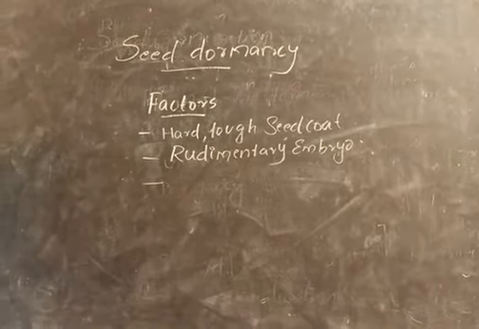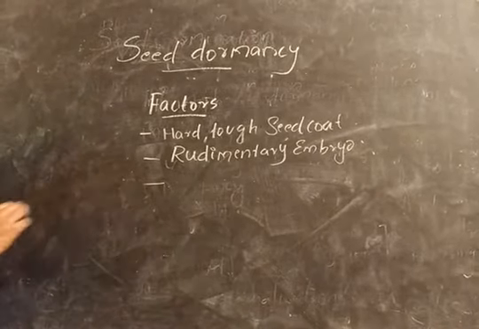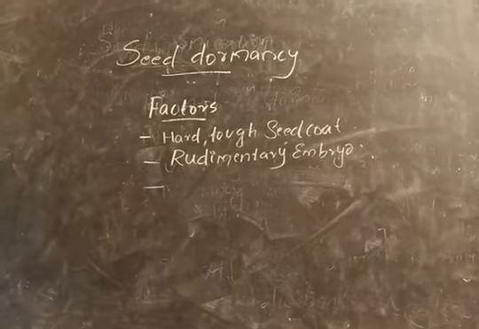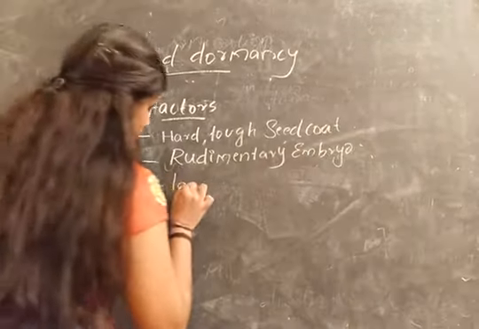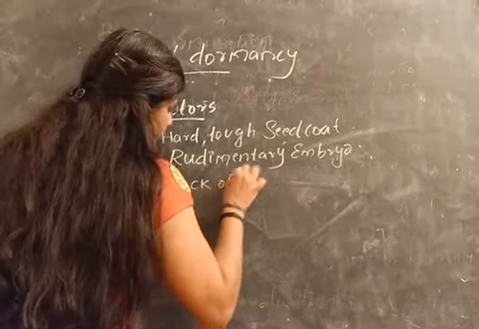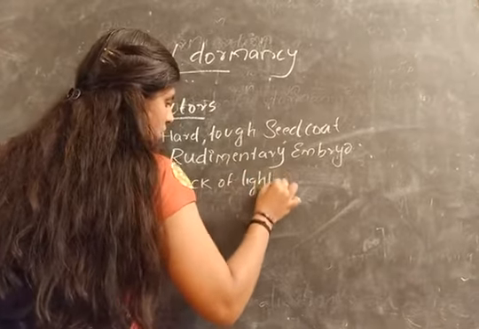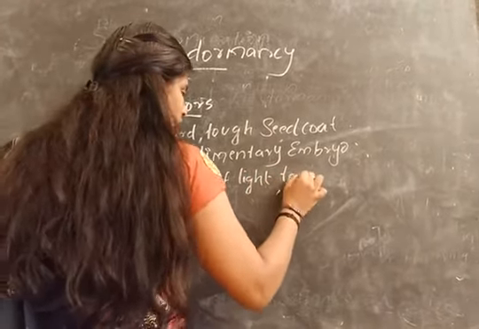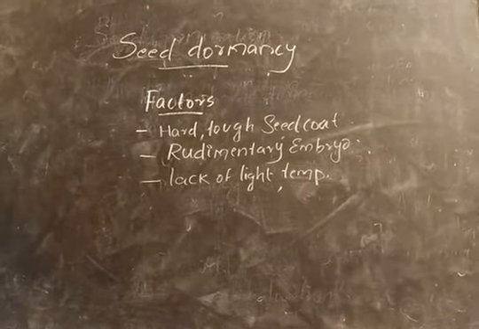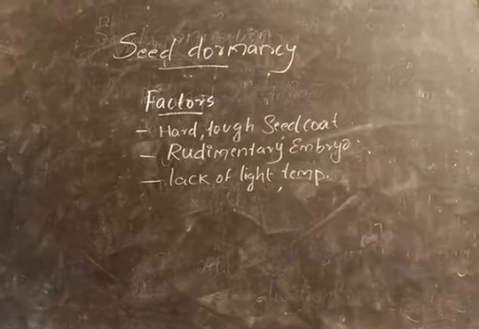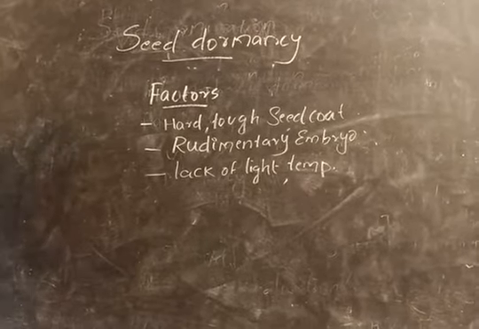Then lack of light and lack of temperature, moisture, etc. Some external factors also affect the seed's ability to germinate.